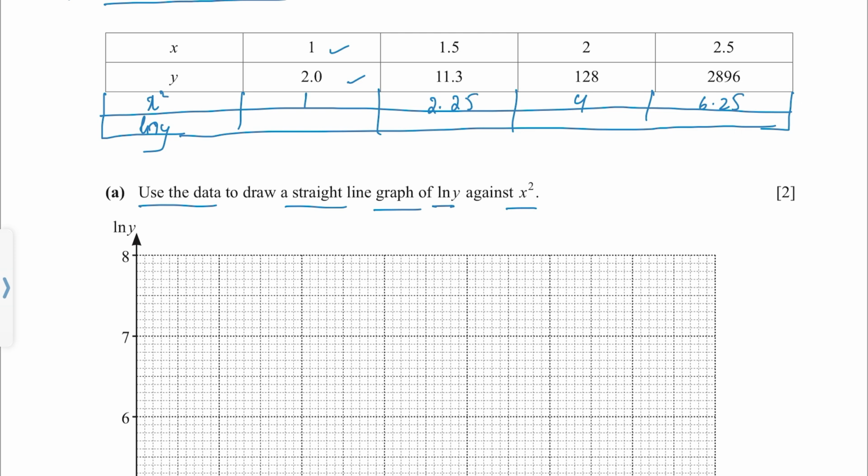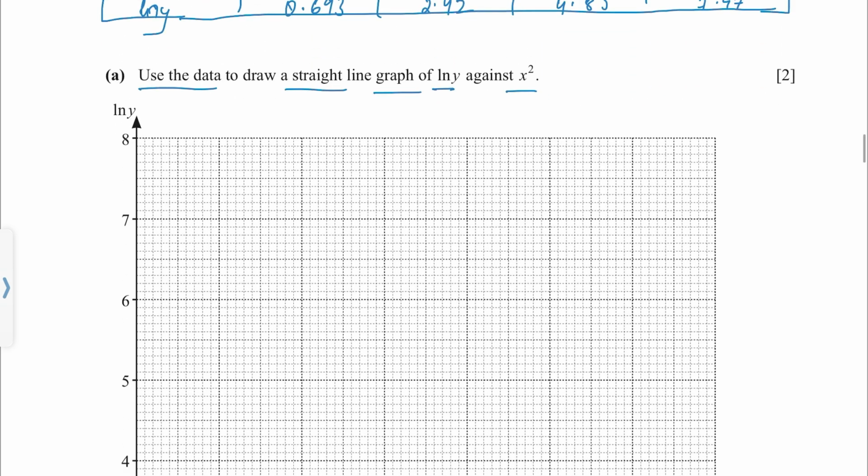And this ln y, ln 2 would give us 0.693. ln 11.3 would give us 2.42. ln 128 would give us 4.85. And this ln 2896 would give us 7.97.